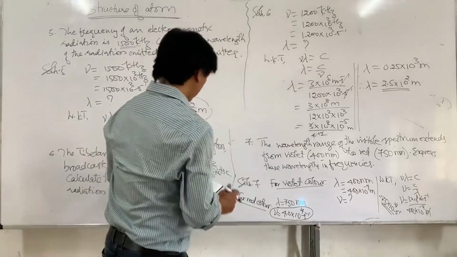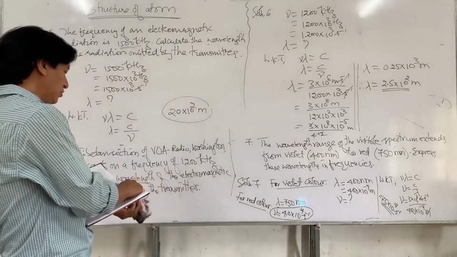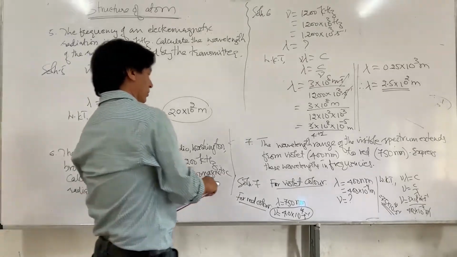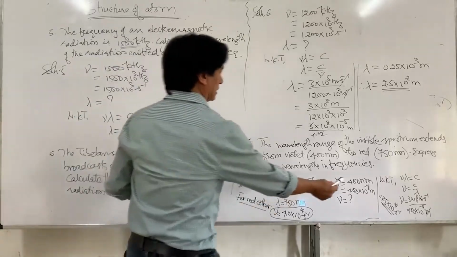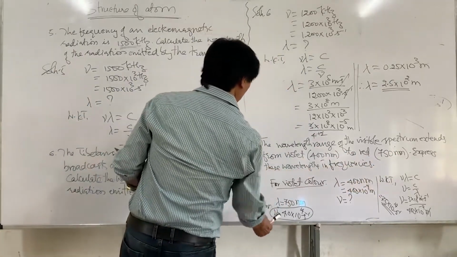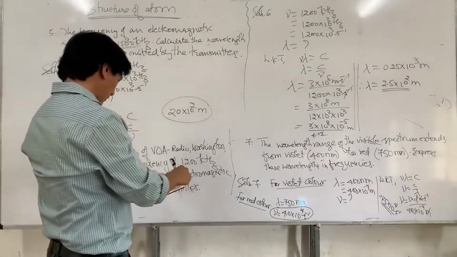So this is the range in terms of frequencies from violet to red: 7.5 into 10 to the power 14 per sec to 4 into 10 to the power 14 per sec. Okay, that's one thing.